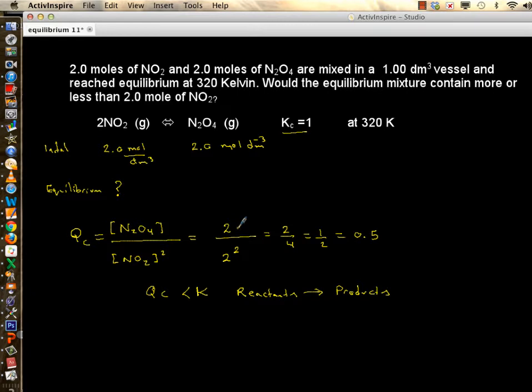It makes sense. You want the numerator, which is product, to get bigger and the denominator, which is reactant, to decrease. So eventually, once equilibrium is reached, you're definitely less than 2 mole per decimeter cube or 2 moles. So the equilibrium concentration of NO2 will be less than 2 at equilibrium.